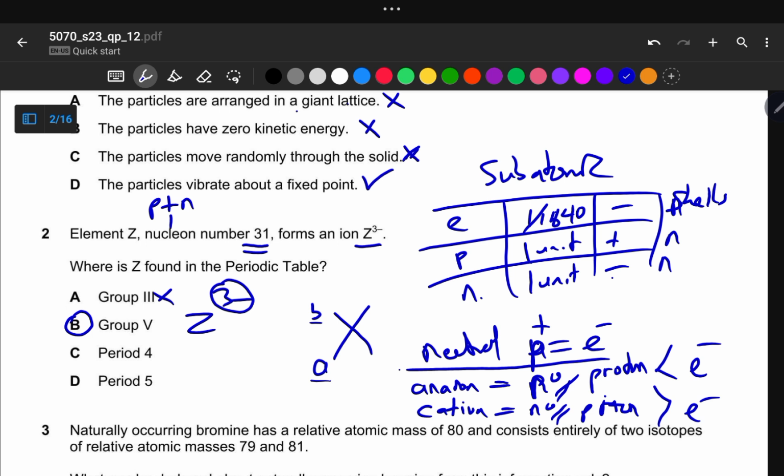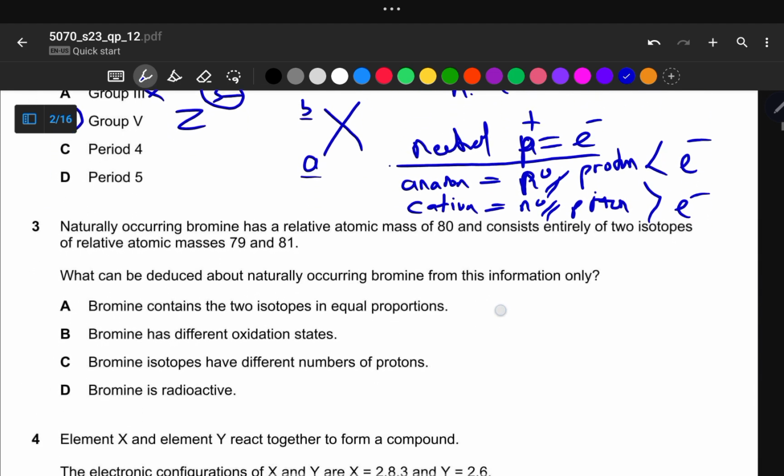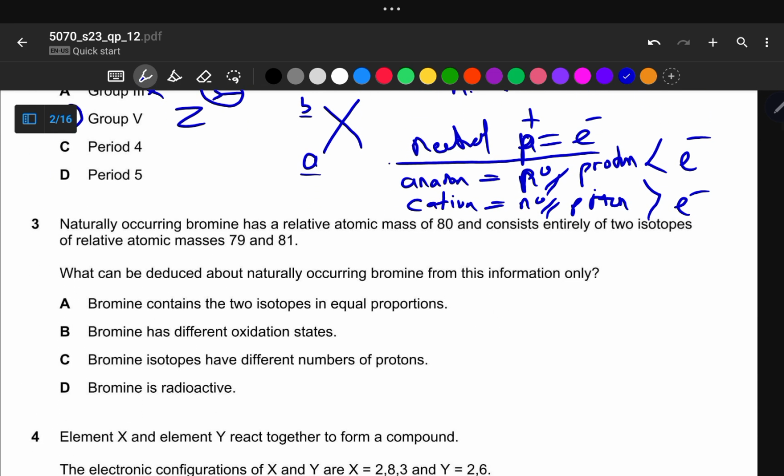And then we're now moving on to the next question, which says naturally occurring bromine has a relative atomic mass of 80 and consists entirely of 2 isotopes of relative atomic masses of 79 and 81.